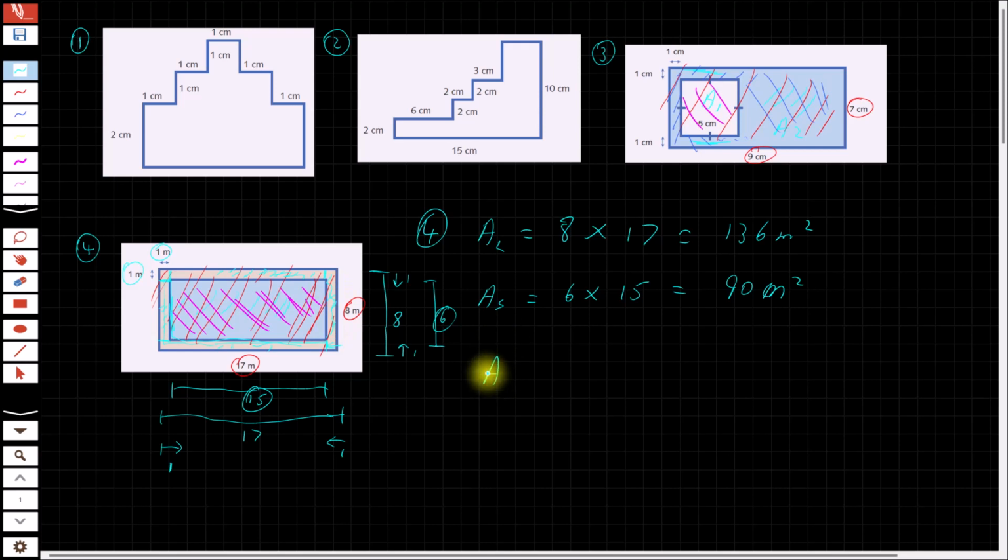The area of the perimeter, we can call it, equals the large area take away the smaller area inside. So that is 136 take away 90, which equals 46 meters squared. So now we have the area of that shaded bit around the outside.